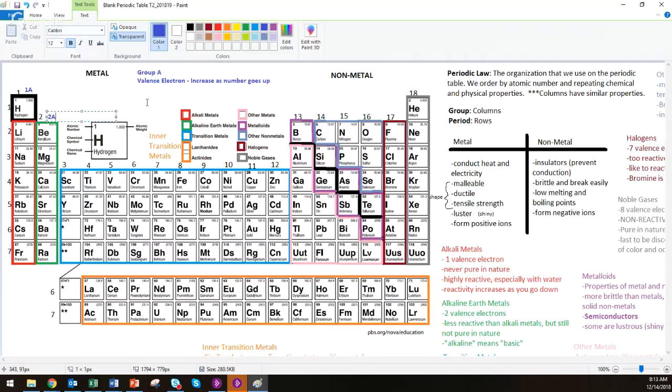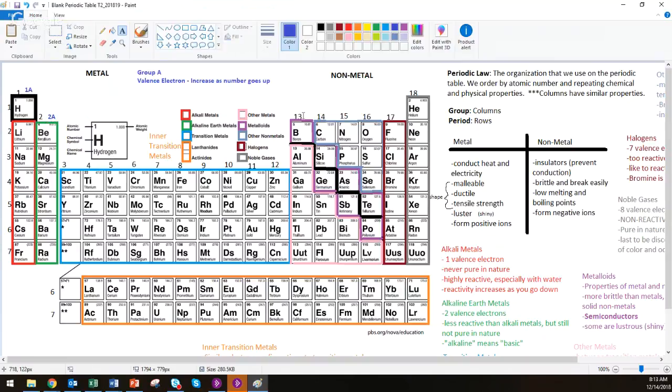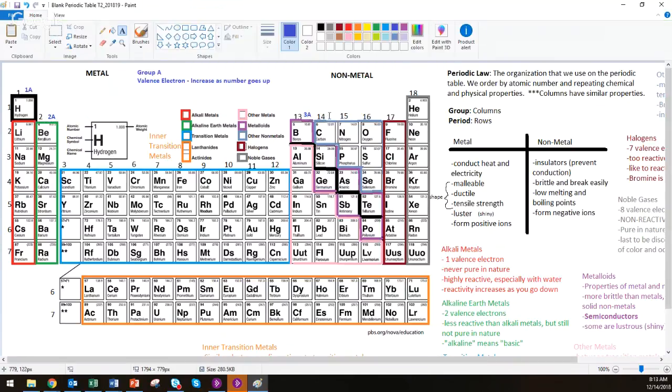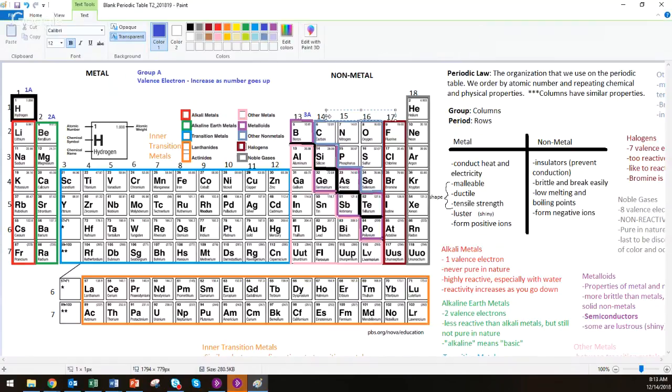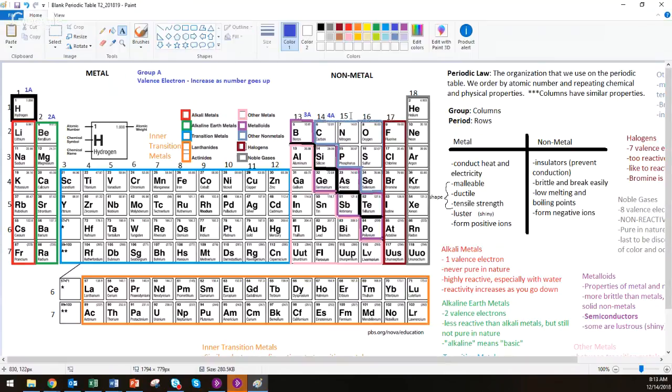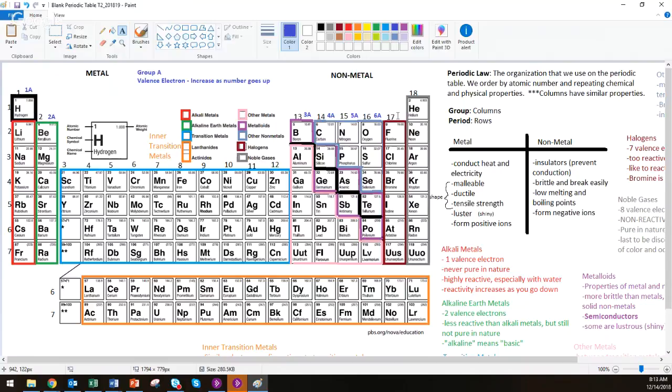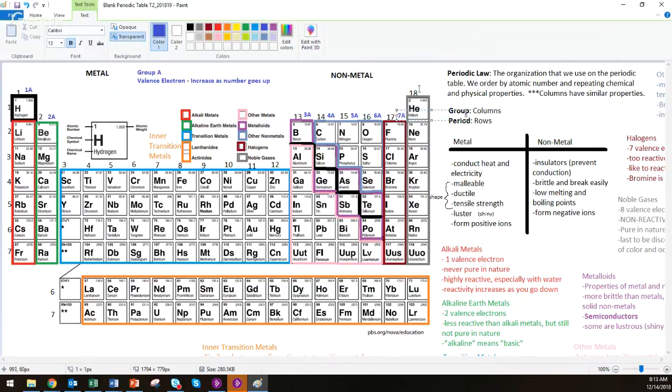So 1 and 2 are 1A and 2A, but then 3A is actually all the way over here in group 13 with boron. And then 4A, 5A, 6A, 7A, 8A.